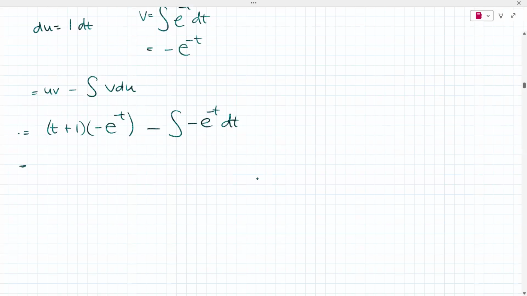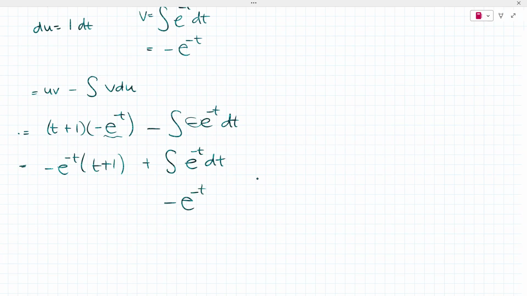And you clean this up. Let's put this first: negative e to the negative t times t plus 1. And then over here you have a minus and a minus, that's plus the integration of e to the negative t dt. And we know that the integration of e to the negative t is negative e to the negative t, and then this plus now becomes a minus.